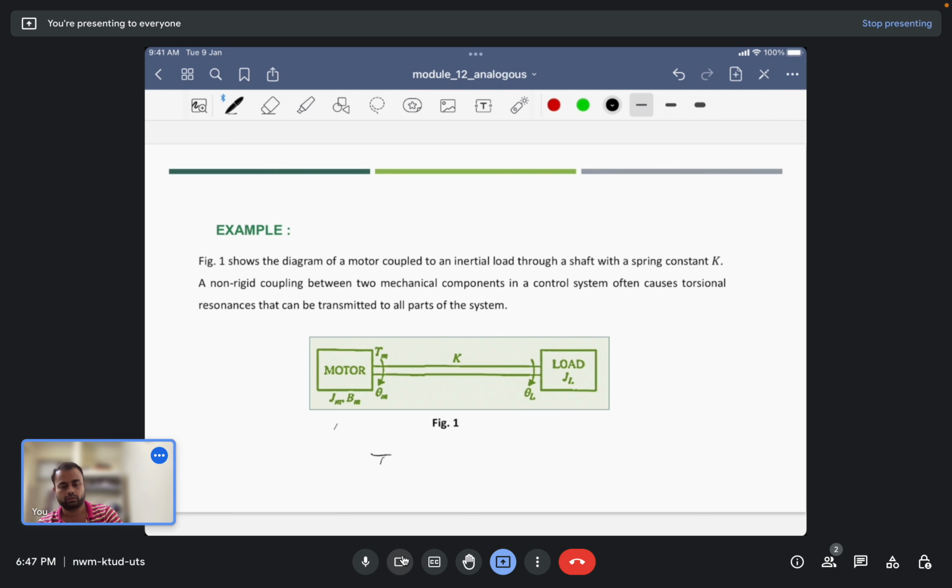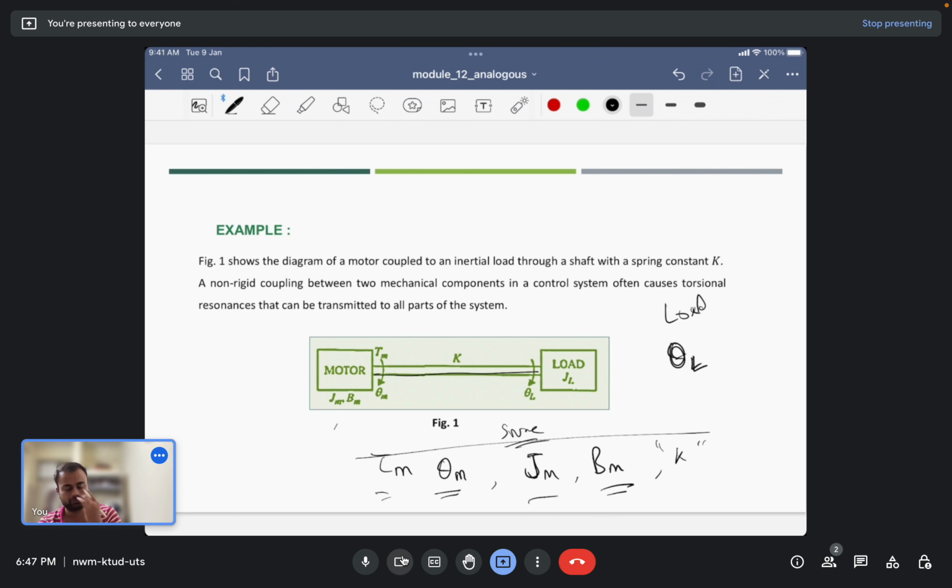Here the torque is given, angular displacement is also given, moment of inertia Jm is given, and the viscous friction coefficient Bm is given. The spring constant given is K, and we have a load. The load angular displacement is theta L. This is the load, and this was the source. The motor is the source for mechanical motion, and JL is the moment of inertia at the load.